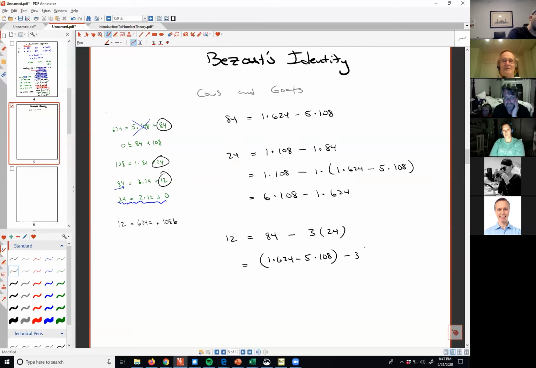And then 3 times 24 was 6 goats minus 1 cow. And so here we have a total of, no, sorry, 4 cows minus 5, minus 18, minus 23 goats. Wow, is that real?